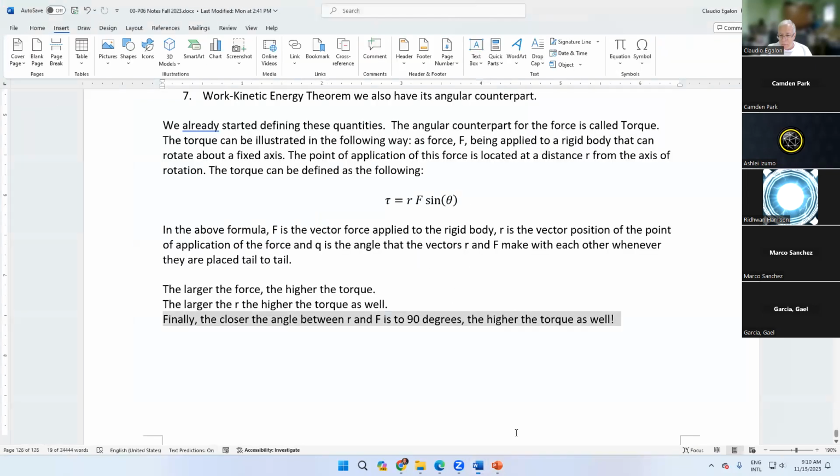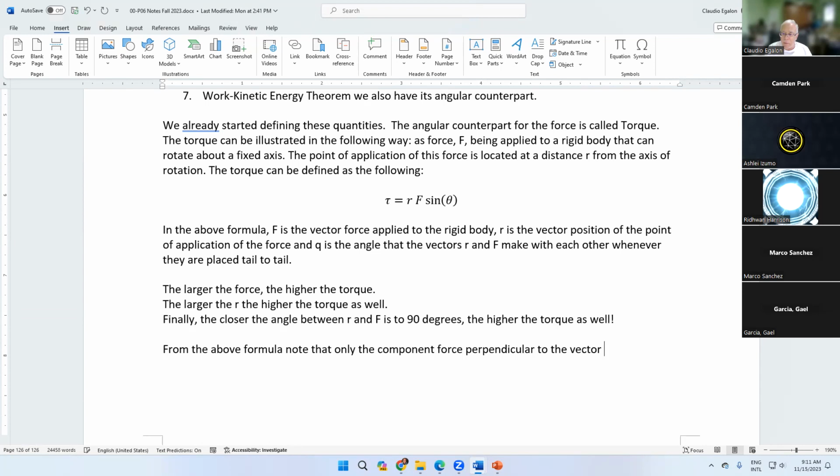Let's go back to this one here. From the above formula, note that only the component of the force perpendicular to the position vector of the point of application of the force, with big R, is responsible for the torque.